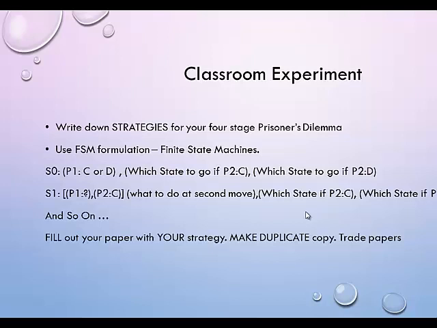So 8 comes from 4, it's CCC, meaning 3 cooperative moves by the other party. So what should you write in 8? And then 9 is coming from CCD. So he cooperated and defected in the third round. So what will you do?